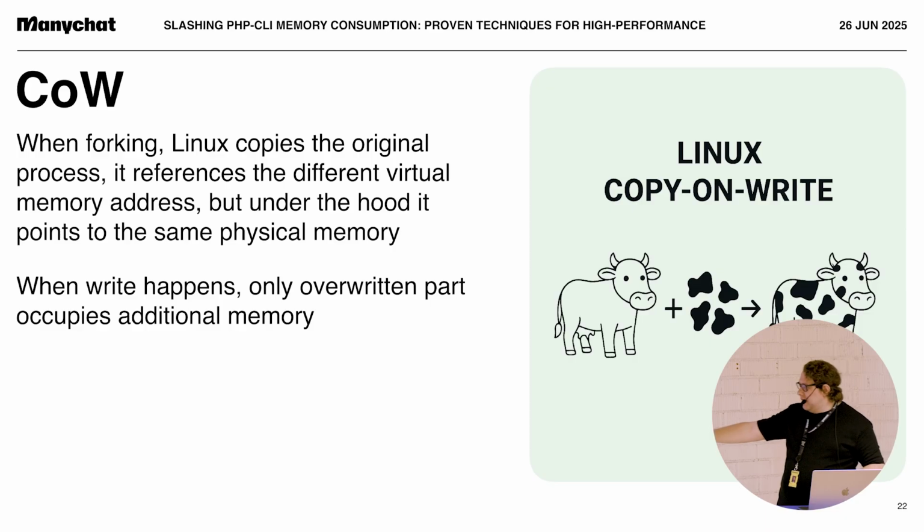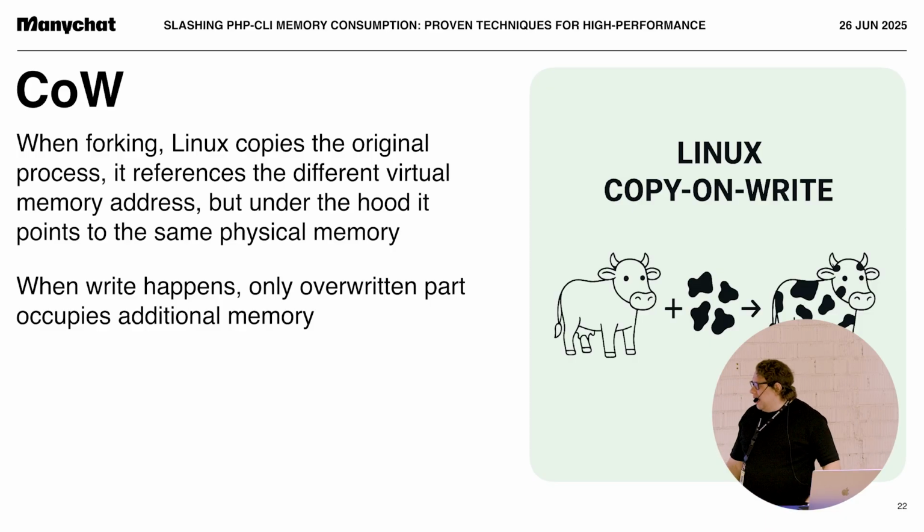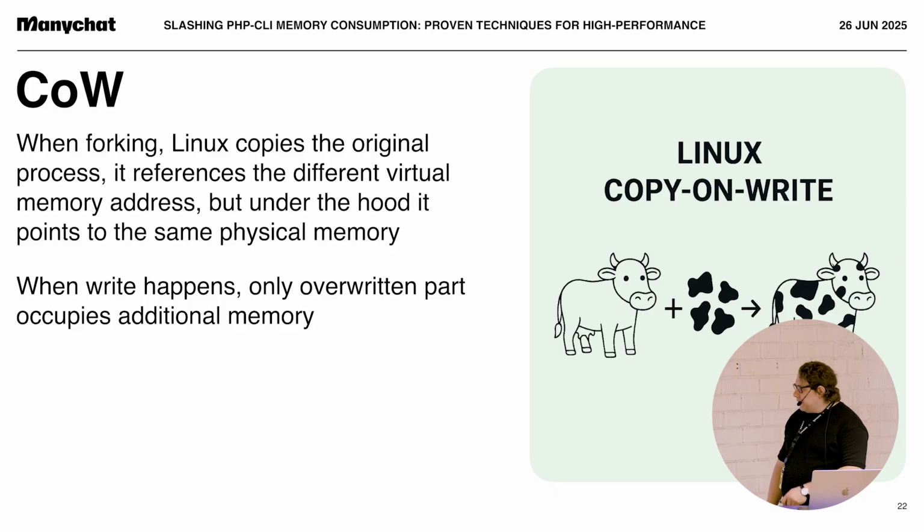So if you make any change, the part that is not changed stays intact, and only changed parts are copied and have a separate copy. So you save lots of memory on this.